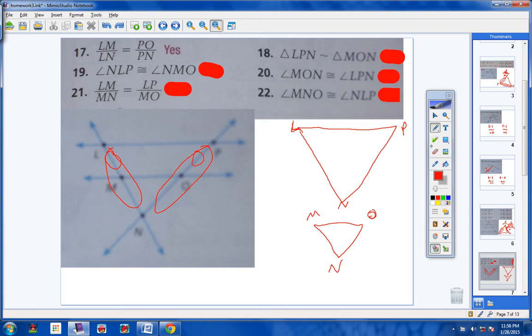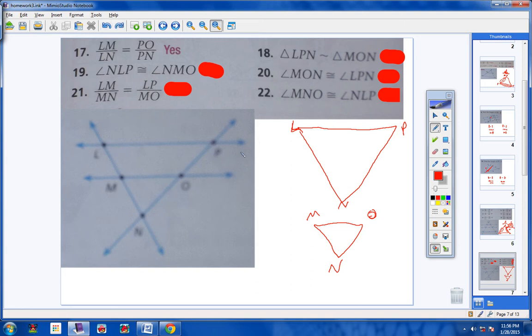Let me show you what I mean. If it would have said LN over MN is proportional to PN over ON, and these two triangles have this common angle right here, then we have side angle side, and the two triangles are similar, and then we can go from there and say this angle is congruent to this angle, corresponding angles, the two lines are parallel.